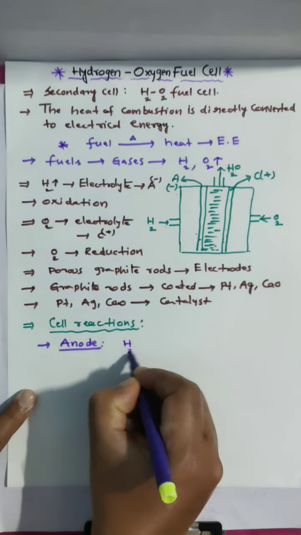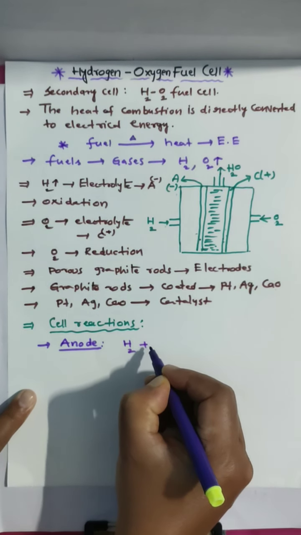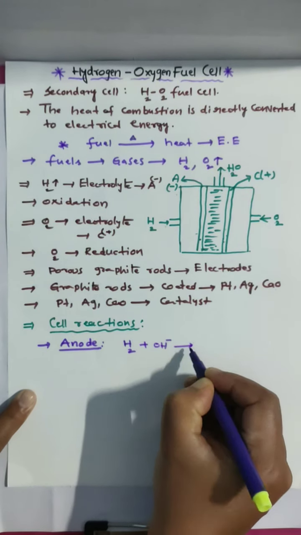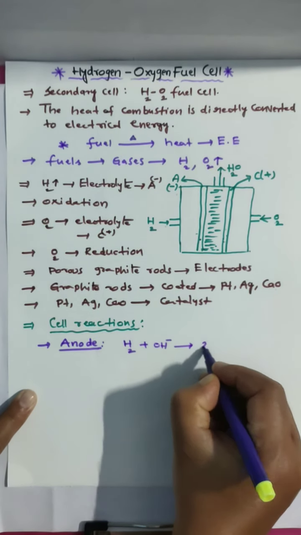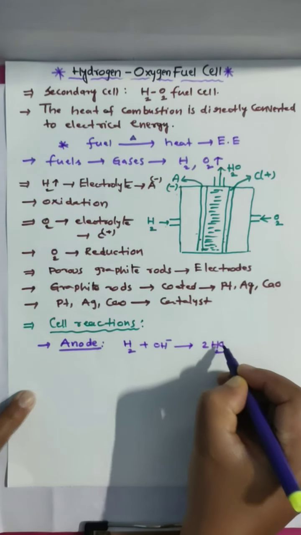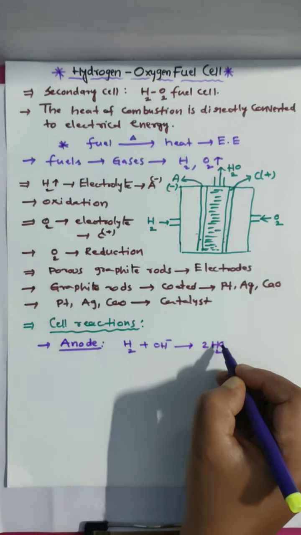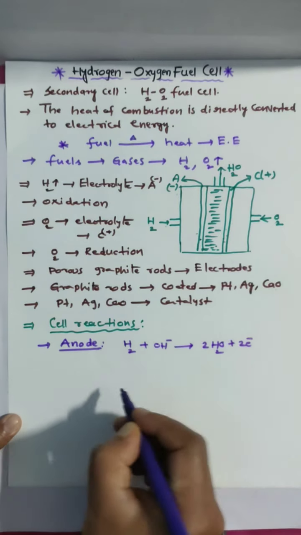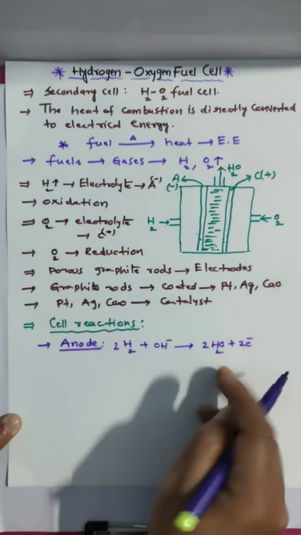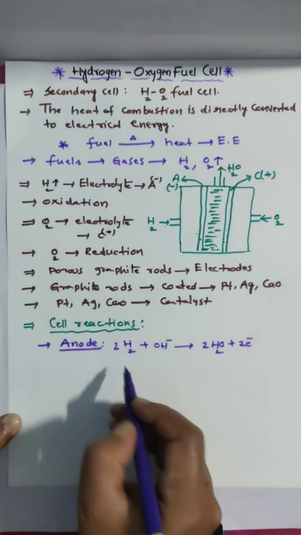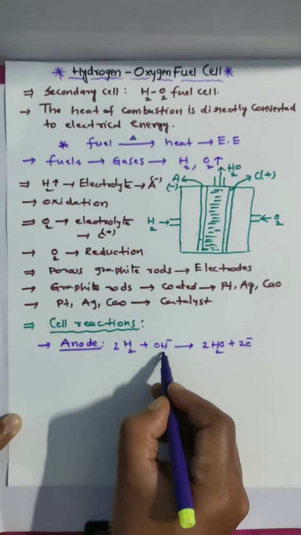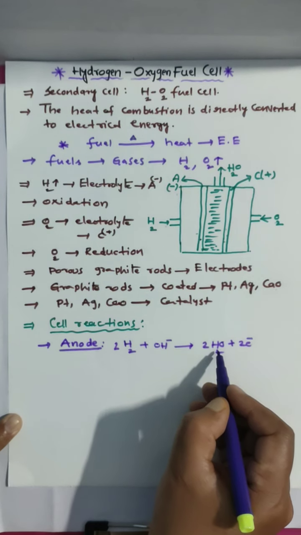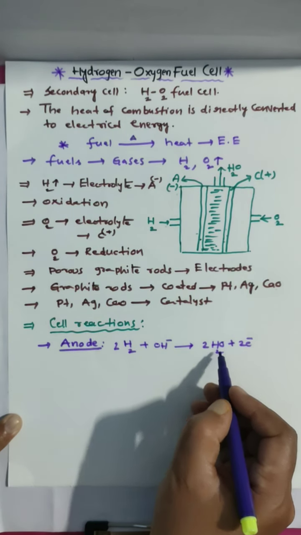So hydrogen gas reacts with OH minus ions and gives water molecules, releasing 2 electrons. Clear? This is what we call oxidation. Hydrogen reacts with OH minus and gives water, meaning H2 is converted to H2O.